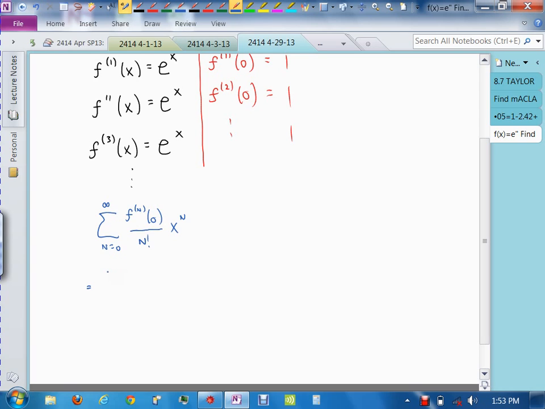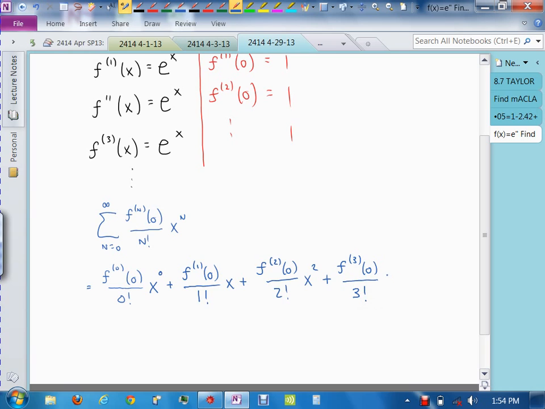I'll do it one more time for this one, but from here on out I'll probably just jump right to what it is. 0th derivative at 0 over 0 factorial, x to the 0, plus first derivative of f at 0 over 1 factorial x, plus second derivative at 0 over 2 factorial x squared, plus third derivative at 0 over 3 factorial x to the third, plus dot dot dot forever.